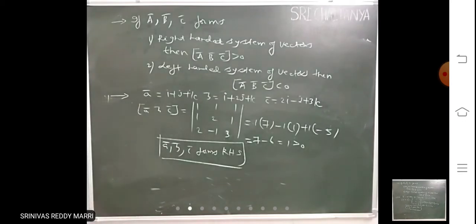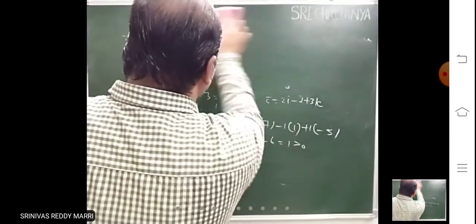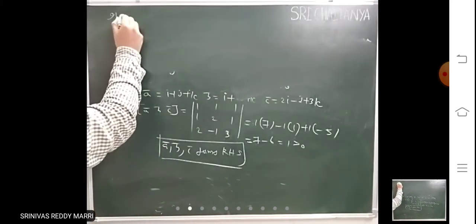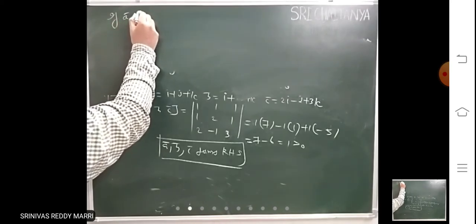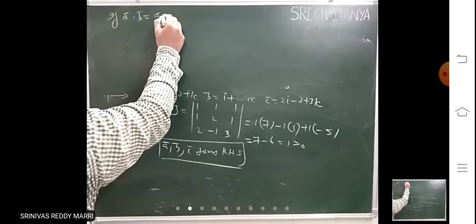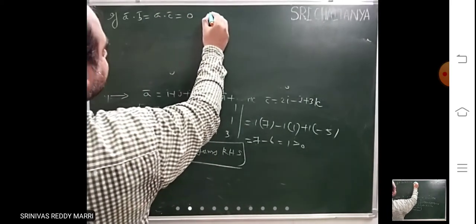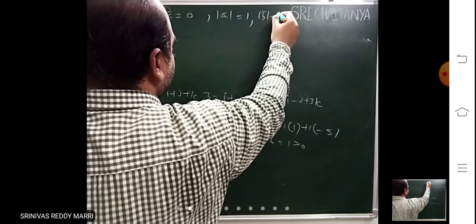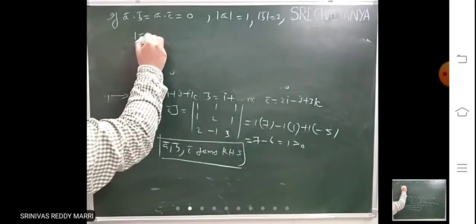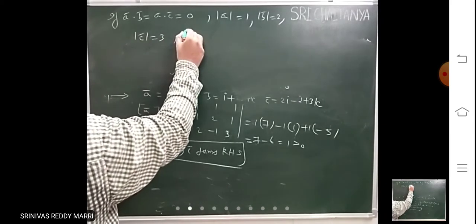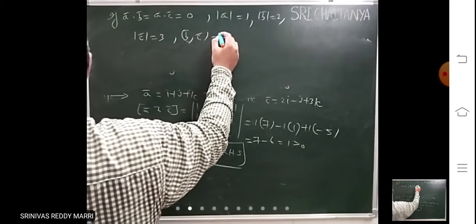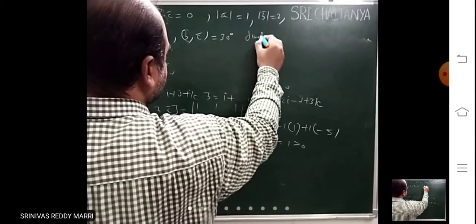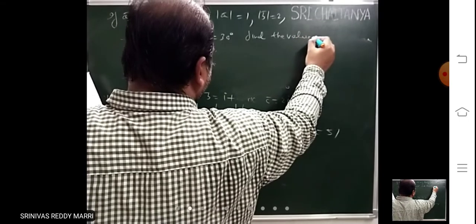Suppose we take, look at the problem. If A bar dot B bar equals A bar dot C bar equals 0, modulus A bar equal to 1 given, modulus B bar equal to 2 given, modulus C bar equal to 3 given, and the angle between B bar and C bar is 30 degrees given.